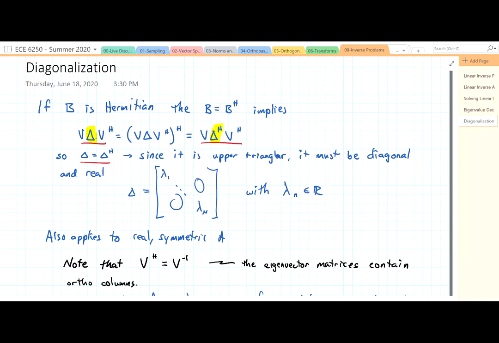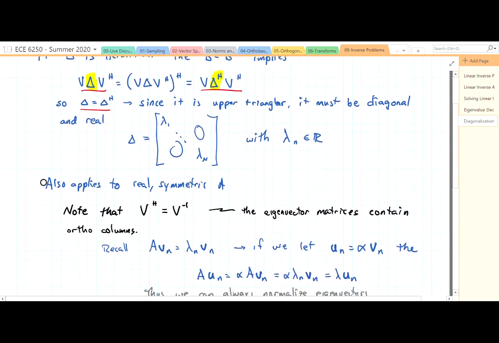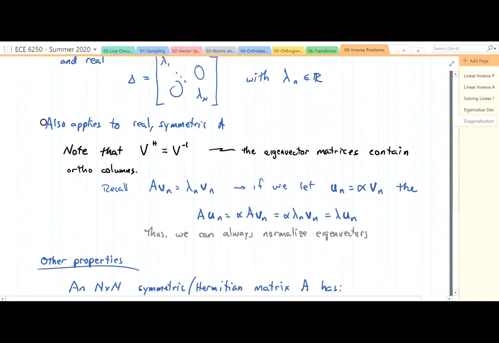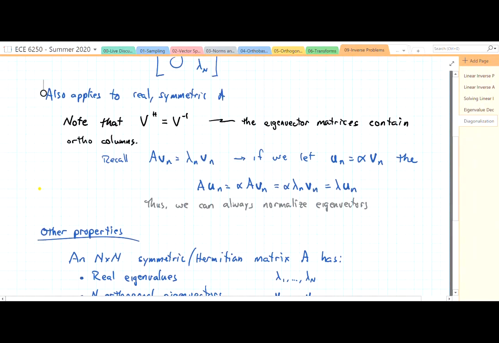So since a real symmetric matrix is a special case of a Hermitian matrix, this applies there as well. And we're stating some of this without proof, but you can look at the printed lecture notes, where there are several pages of proofs for how this works.